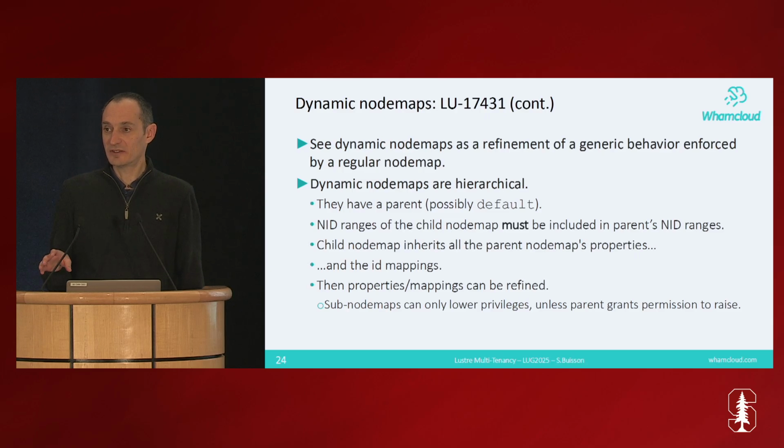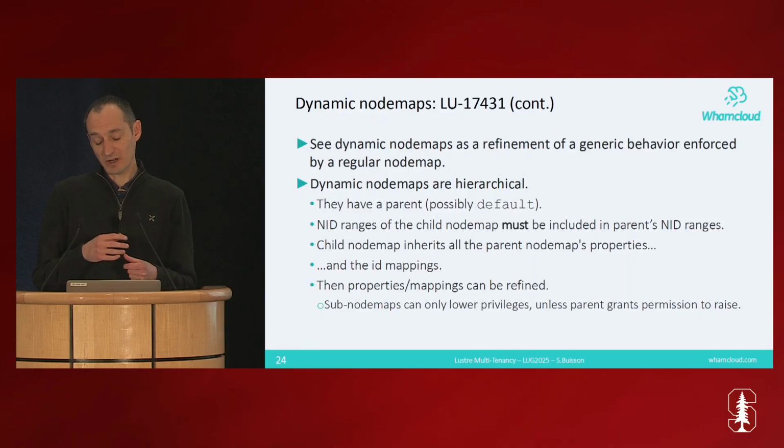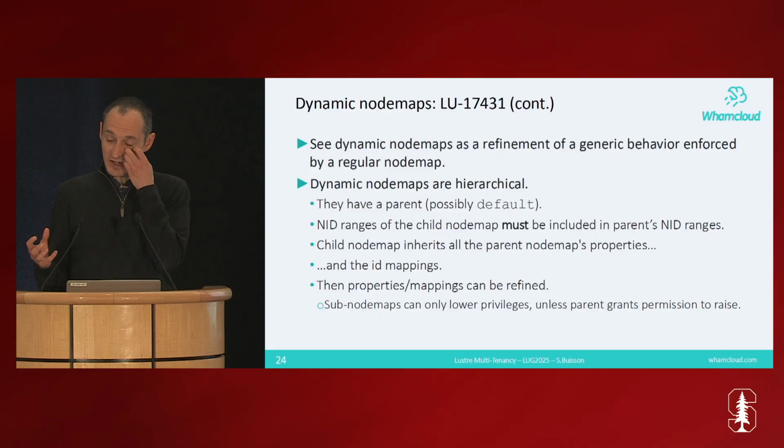You could see the dynamic node maps as a way to refine a more global behavior that is enforced by a regular node map. And dynamic node maps are hierarchical. It means they have a parent node map, so it can be a regular node map, it can be the default node map, it can even be another dynamic node map. And the nodes that are assigned to this dynamic node map have to be included in the parent.